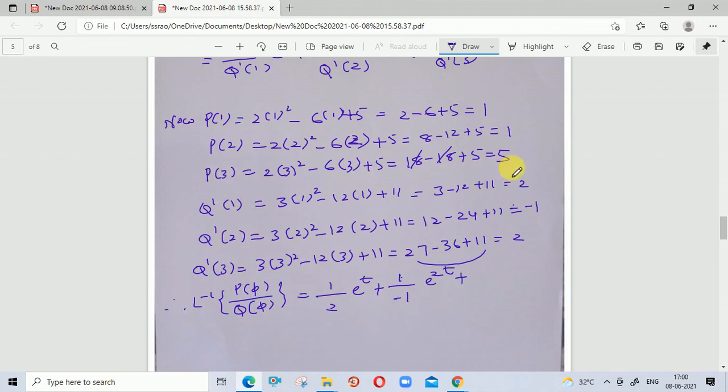So that is equal to 1 by 2 e power t minus e power 2t plus 5 by 2 e power 3t. Okay, this is the solution of the third problem.